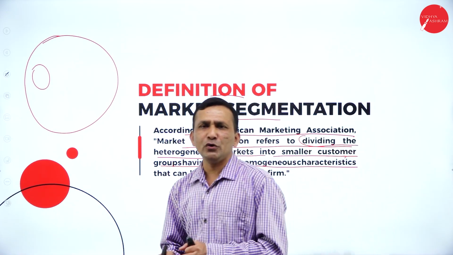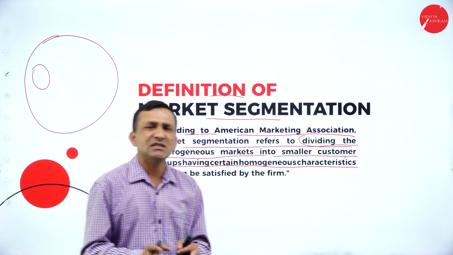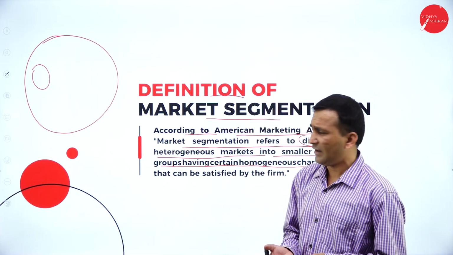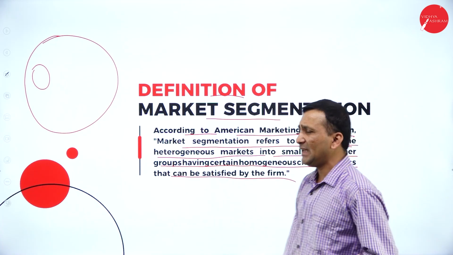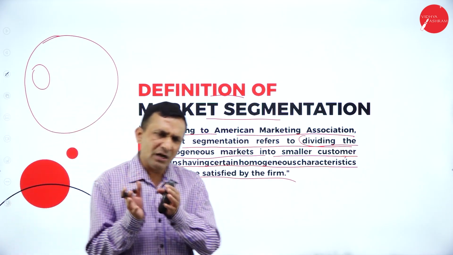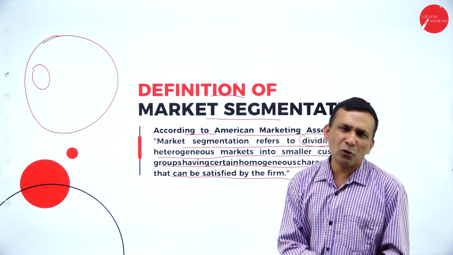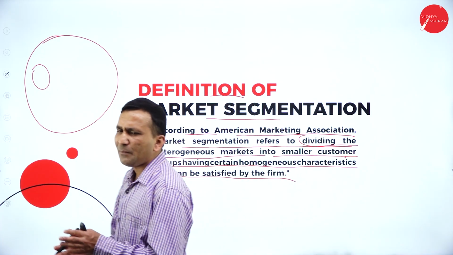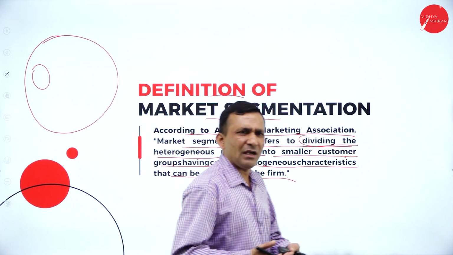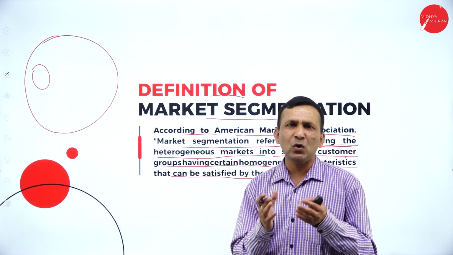But when you are offering a product or service for the similar, all the customers show interest to purchase, because it has a similar characteristic that can be satisfied by the firm. So when producing a unique product, you need to select unique customers who are showing interest in that unique product. But when customers are expecting a similar requirement, obviously we need to select a homogeneous segment.